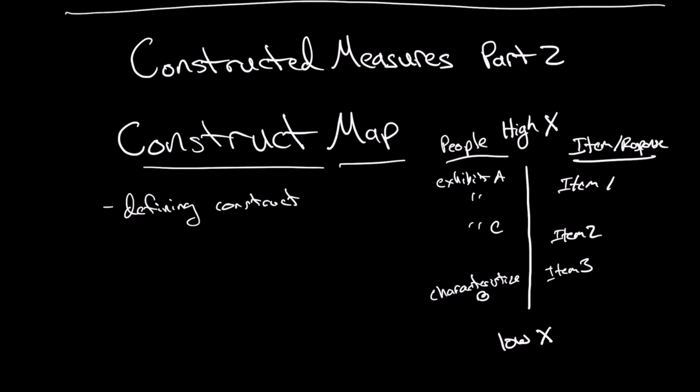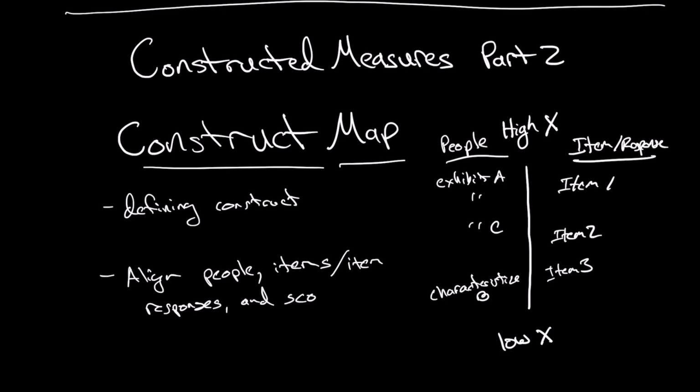That's one of the things we're going to embark on: how can we make that alignment in a powerful way? To sum it up, a construct map helps us align people, items, and item responses with scores, and it really helps us align all of these pieces with our definitions of a construct.